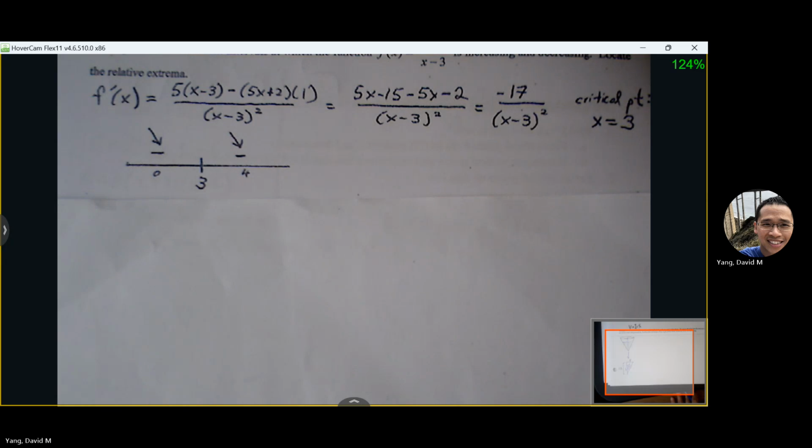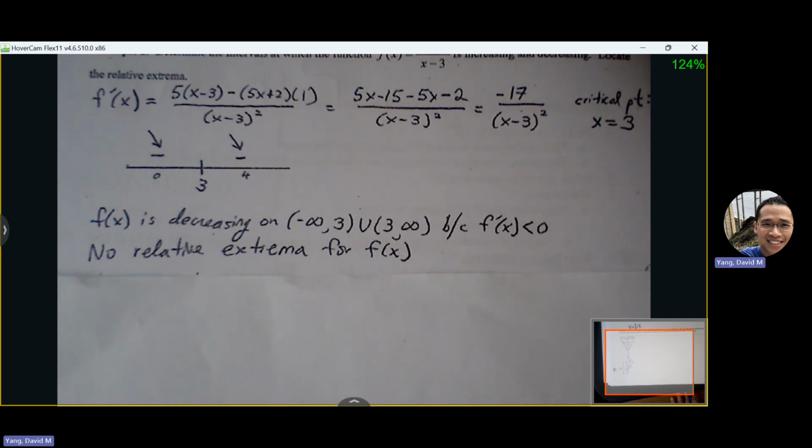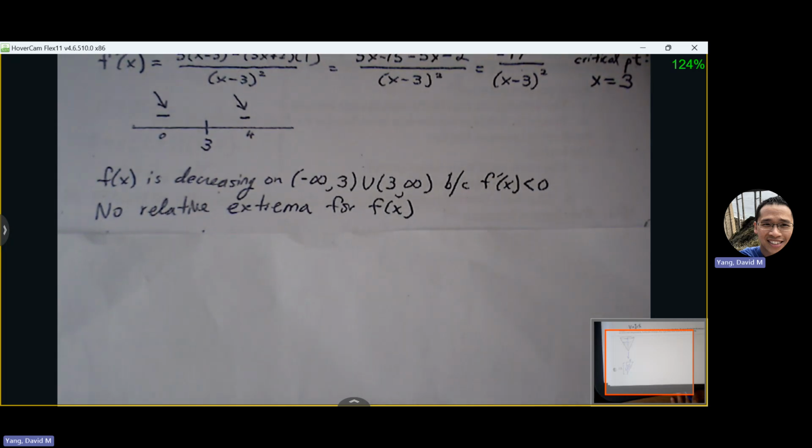So the only statement we're going to have is decreasing. Now, can I say that I have 2 negatives there? Can I say that my interval decreasing is from negative to positive infinity? Nope. There's got to be a break, right? Because that asymptote is causing that break. So negative infinity to 3, and then from 3 to infinity, because f prime is less than 0. Okay. No relative extrema.